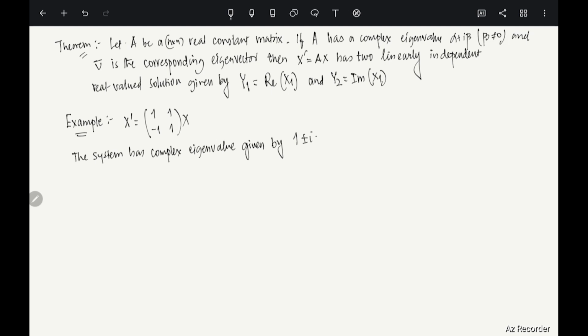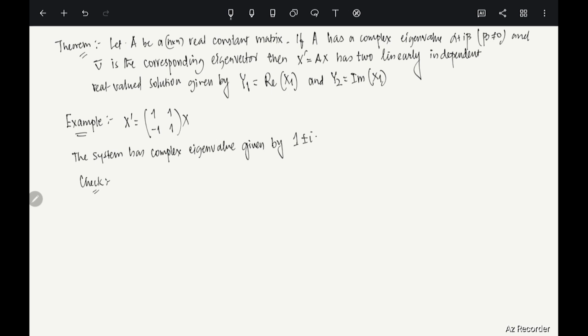Now the eigenvectors we have to find. For 1 plus i, if you want to find the eigenvectors, please check this part. I am not 100% sure about this calculation.